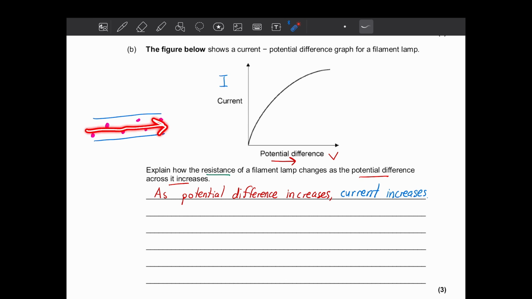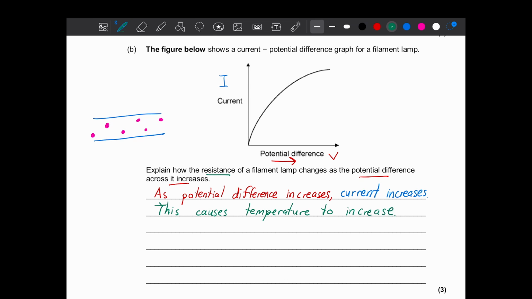If you have more charge flowing along, it's going to be bumping into the ions more, and that's going to actually cause temperature to go up because energy will be transferred from the charge that's drifting through your circuit to the ions of the metal. It's going to cause temperature to increase. So that's going to be our next line. This causes temperature to increase.